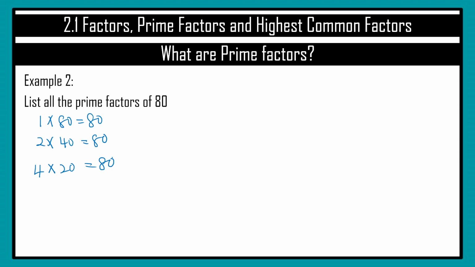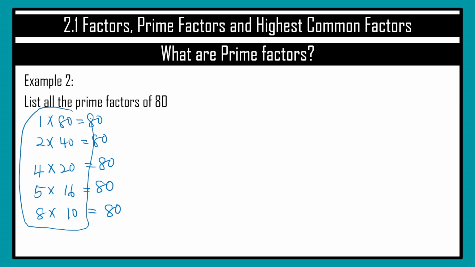Next is 5. 5 multiply with 16. The next one should be 8 multiply 10. I don't think 9 can do. Next should be 10. These are all the factors, the ones that I circled.